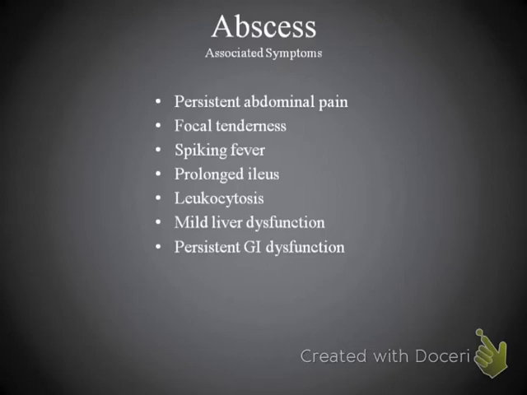Also, we have focal tenderness, so at one spot in the abdomen, you can press and the patient just has tons of pain there. Spiking fever, so basically you have a fever that just goes up and will not come down, and this is because of the inflammatory processes that are going on through the body. As we know, a fever is just the body attempting to fight off an inflammation.